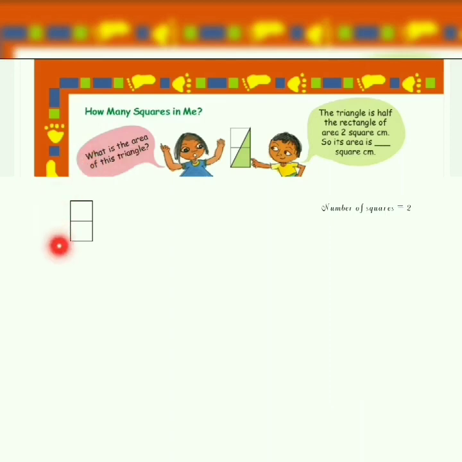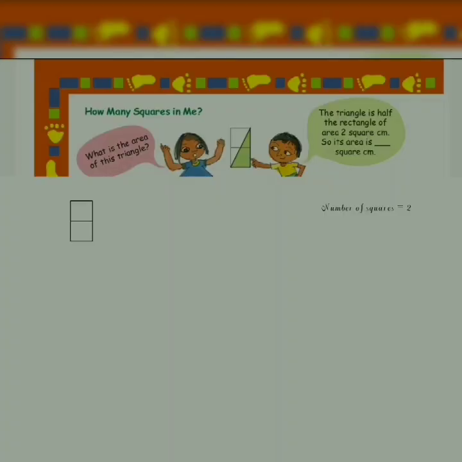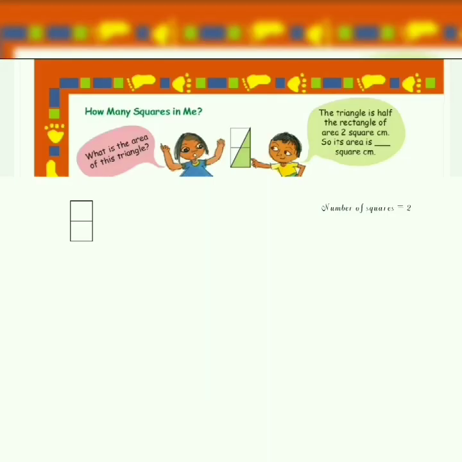So total 2 square centimeter is the area of this rectangle. Are you getting it or not? What I mean to say is, two squares of 1 by 1 centimeter, if we merge them, become our rectangle. Getting it or not? Okay.